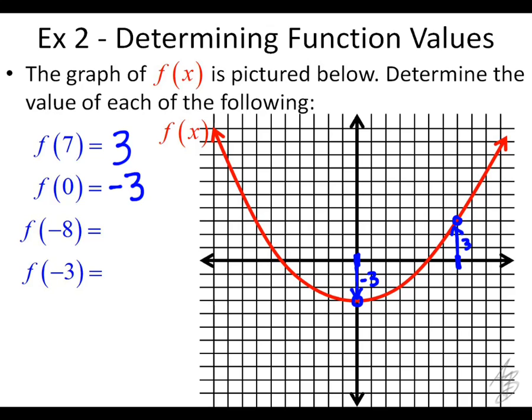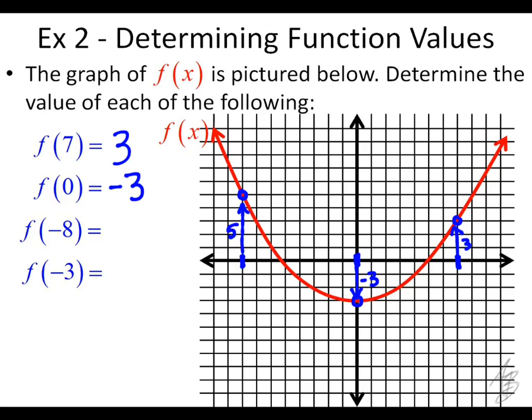How about f of negative 8? Where do I start? I'm going to start at the origin and go where? Okay, so I'm going to go to negative 8 on the x-axis. So I start here. And to get to the function, what am I going to have to do? I'm going to go straight up 5.